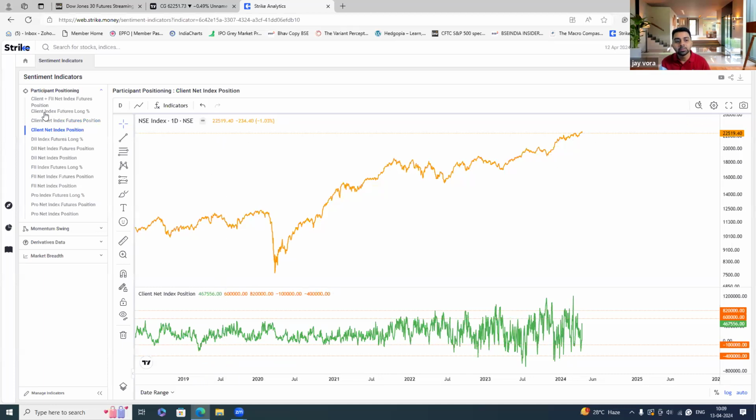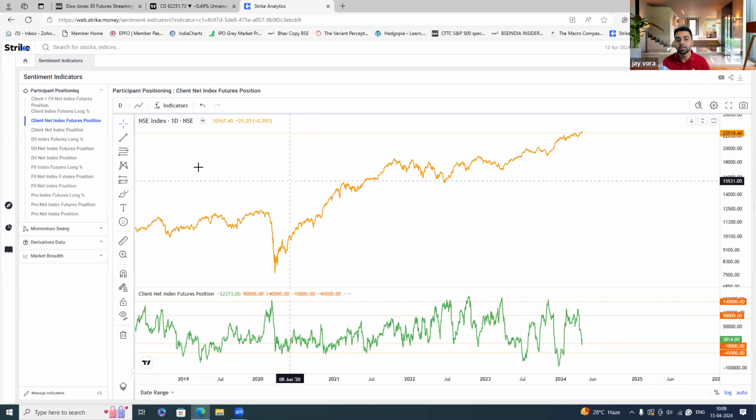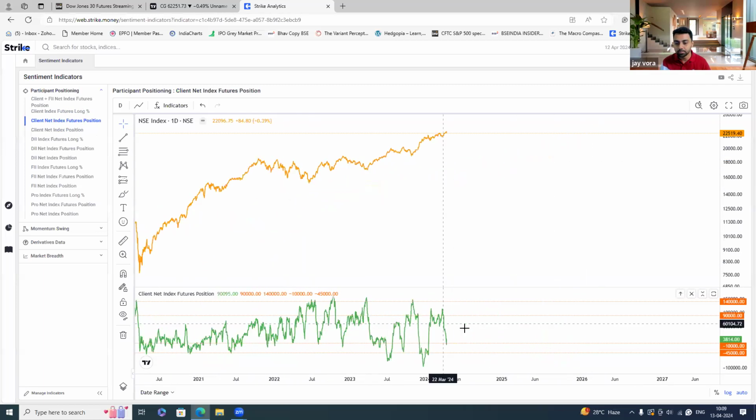The other one is client index futures percentage long. So within this green line, what you see is basically the absolute position of clients. Similarly, you can plot it in percentage terms.